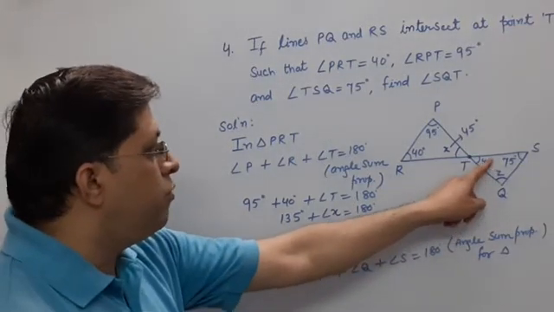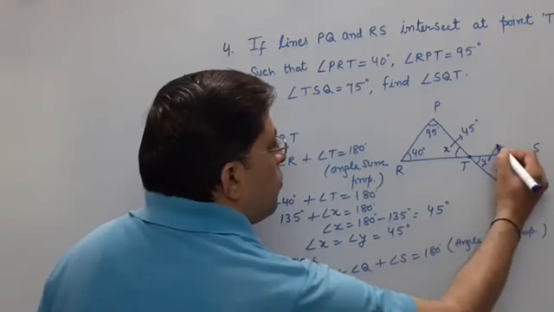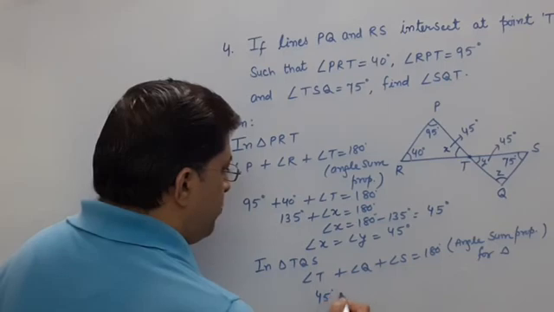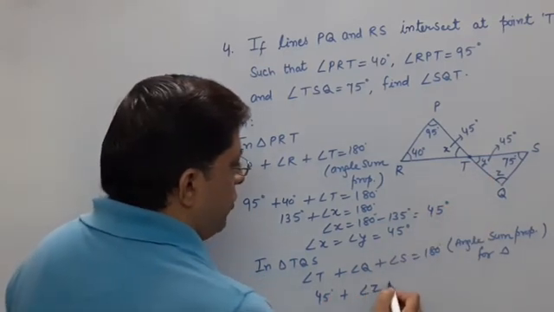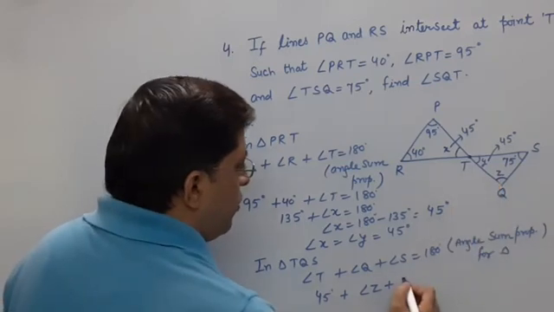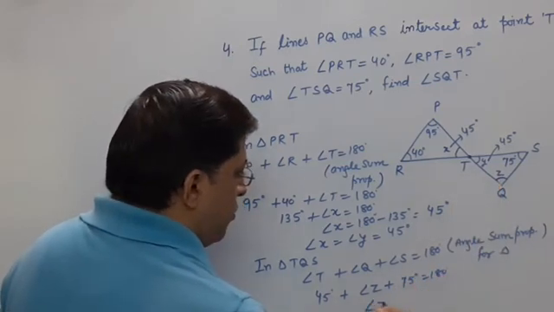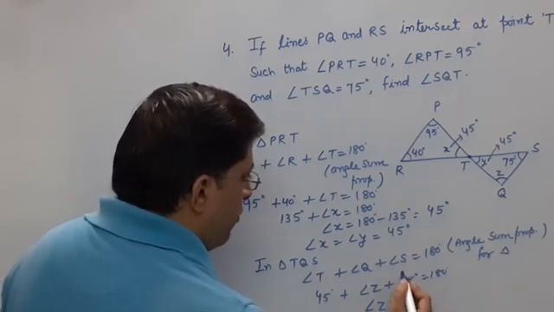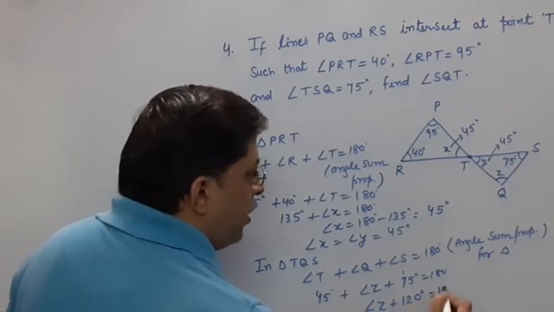Angle T is Y, and Y we got here, 45 degrees. Angle Q is Z, and angle S is 75 degrees. This is 180 degrees. Adding 45 and 75, this is coming to 120 degrees.